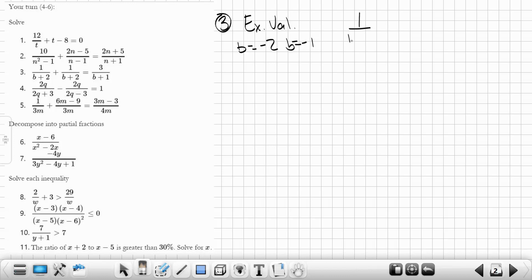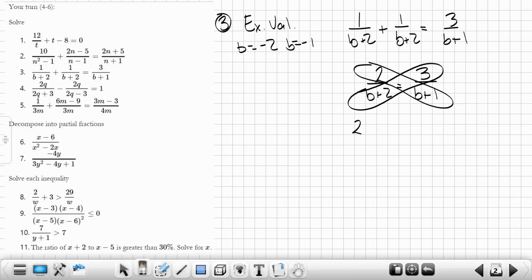So we have 1 over b plus 2 plus 1 over b plus 2 is equal to 3 over b plus 1. Technically right here, since they have the same denominator, I can just add them first, and I get 2 over b plus 2 equals 3 over b plus 1. Now, if you have a fraction equal to a fraction, instead of multiplying by the common denominator of b plus 2 times b plus 1, where the b plus 2 cancels and all that stuff, you can simply do what we learned a long time ago.